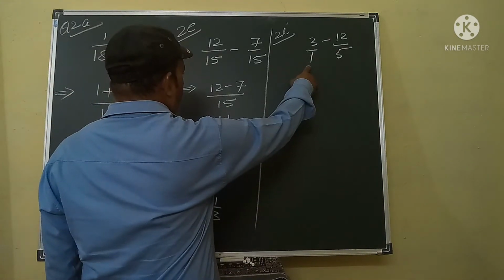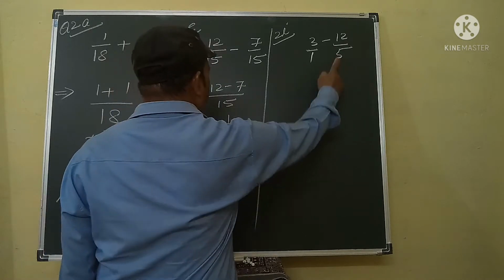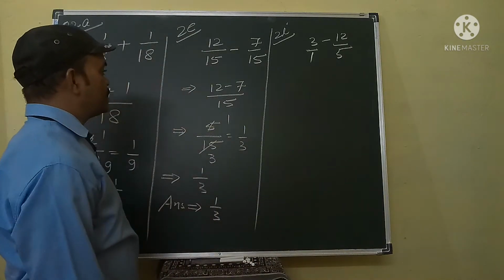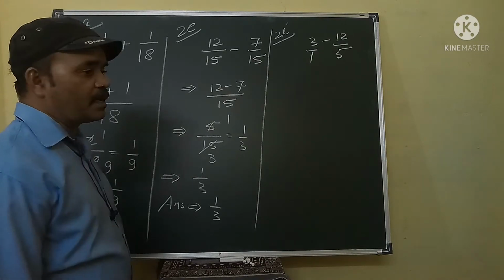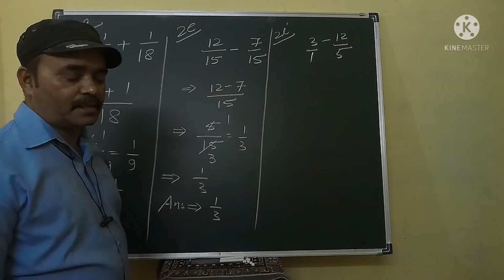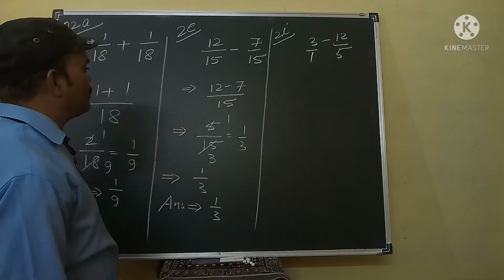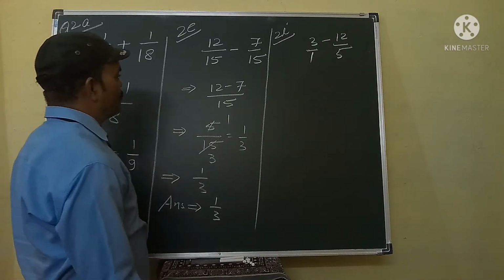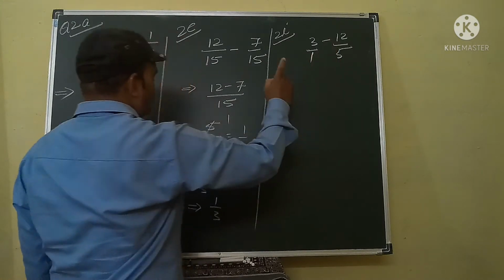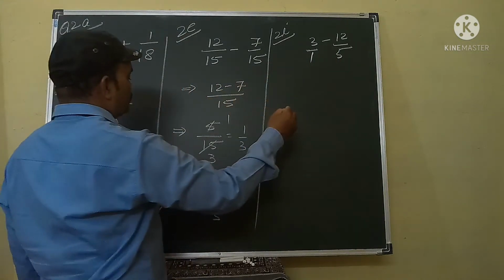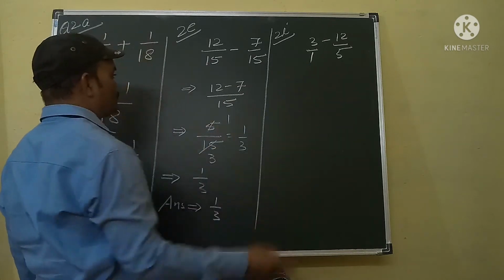This is denominator 1 and this is denominator 5. That means in this question we will make the same denominator. It is very easy to convert 1 to 5.